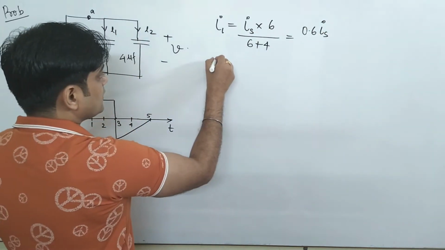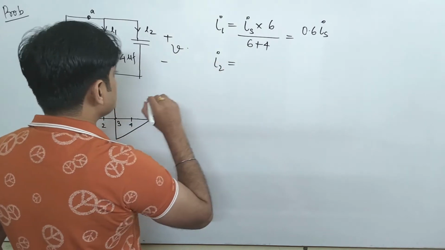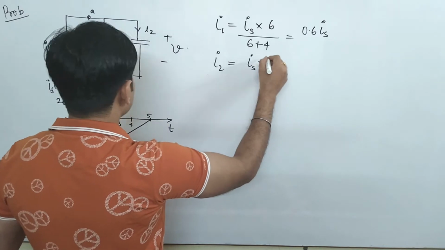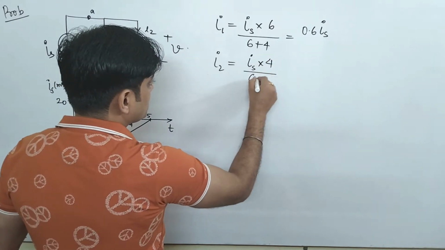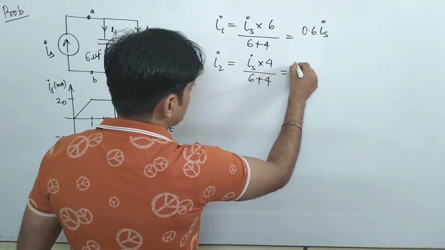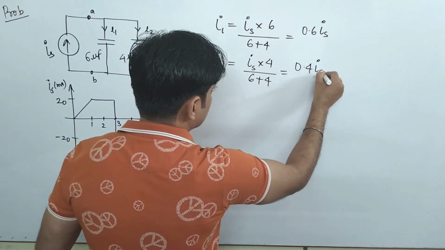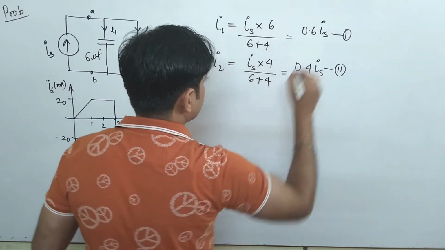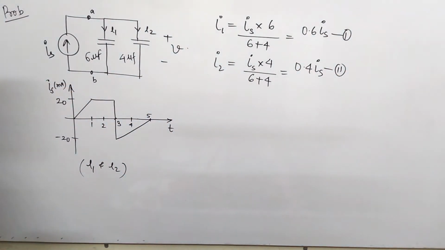Similarly, the value of I2 is IS into 4 upon 6 plus 4, so that comes to be 0.4 IS. So this is your first value and this is your second value. So we have found the values of I1 and I2.